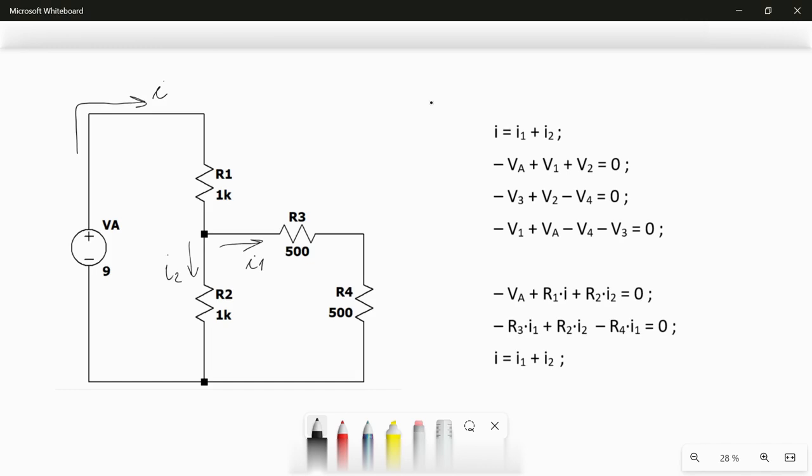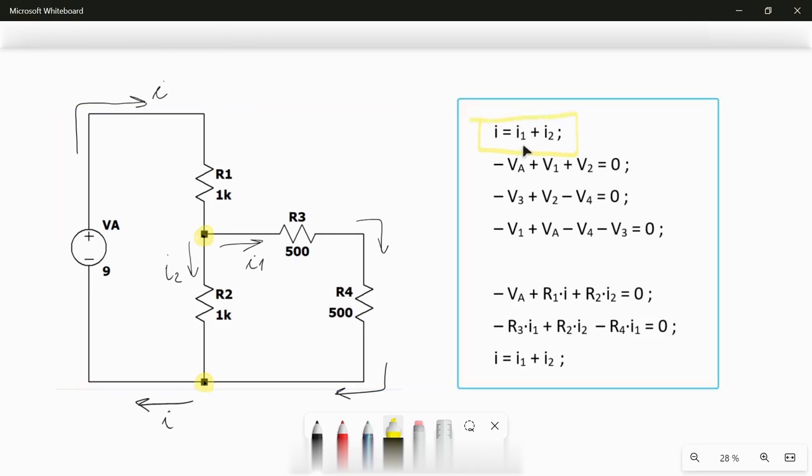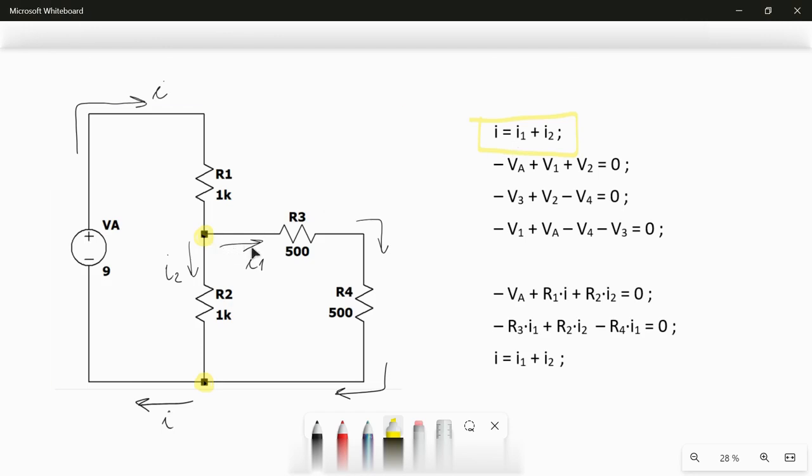I1 continues in this direction, goes here, comes back, and then I2 and I1 combine back into I. So from this point and this point, I can write down this equation. Basically, I state here that I splits into two smaller currents, I1 and I2, from this node and this node. Okay?